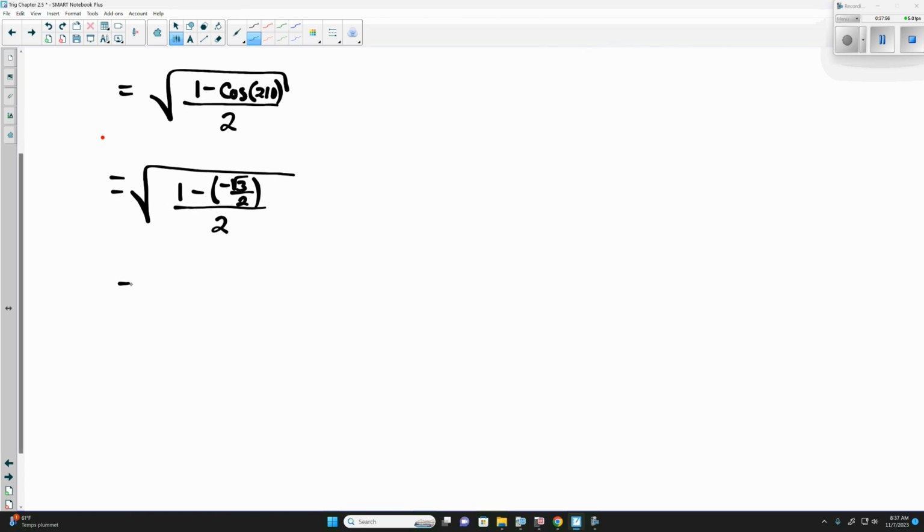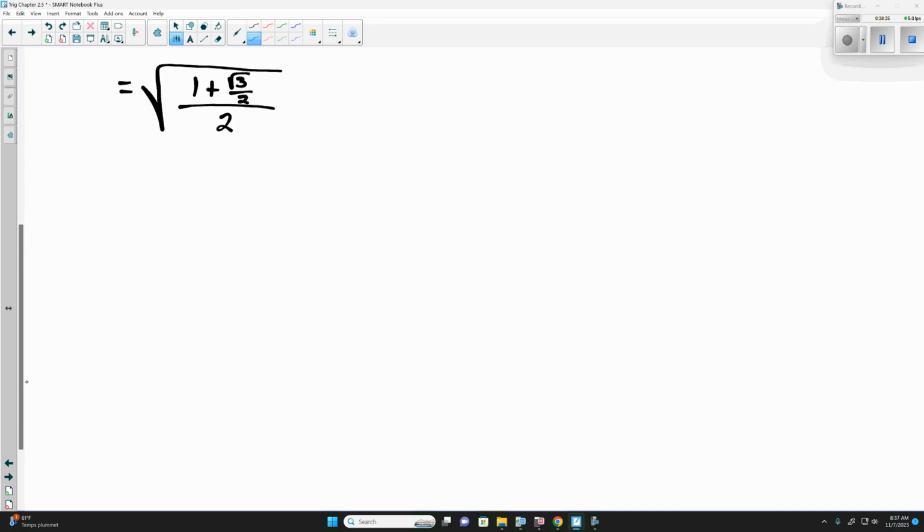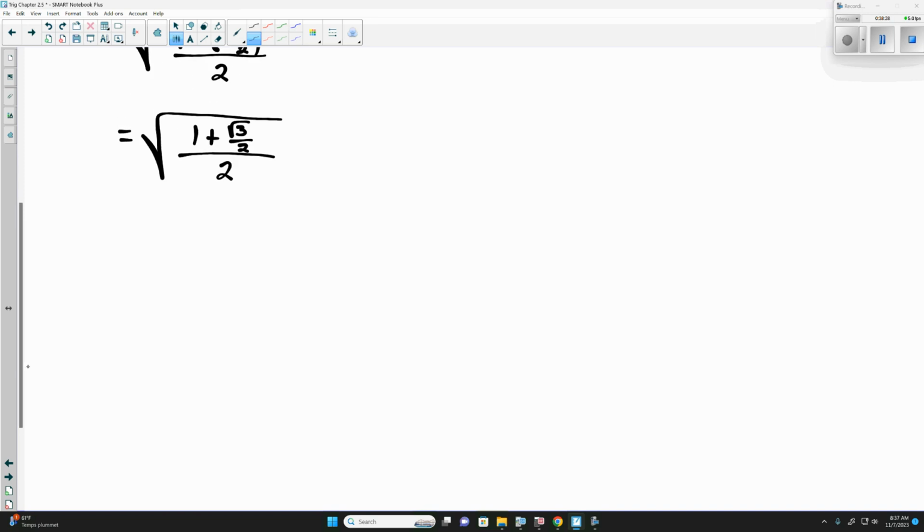Now we need to do some simplifying. Our negative is going to make a plus. So we have 1 plus square root of 3 over 2, over 2. Now we can't have a fraction inside of a fraction inside of a radical. Well, we can't have a fraction in a radical and be simplified, let alone a fraction inside of a fraction inside of a radical.